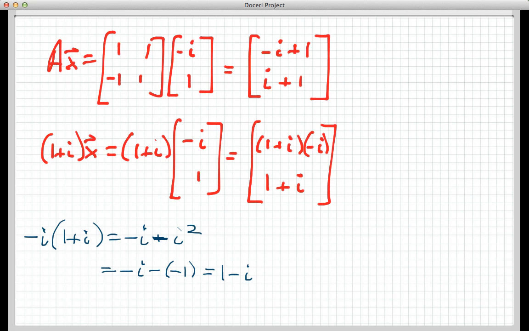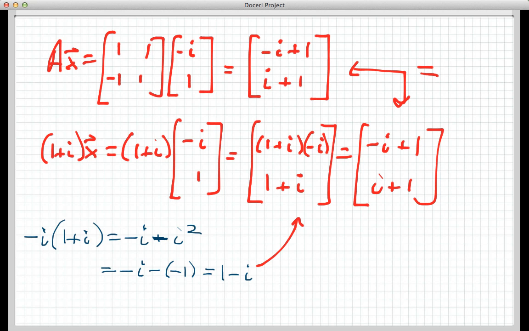Let's put that back up into my first component. 1 minus i, I'm going to write that as negative i plus 1. And on the bottom I have i plus 1. Notice that these two things are indeed the same. So that vector x is really an eigenvector for the complex number eigenvalue i plus 1.